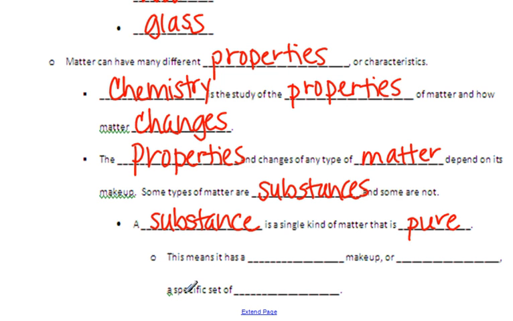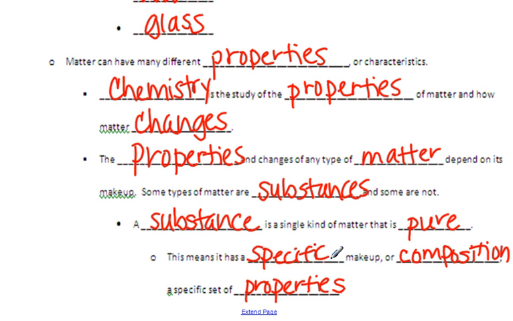This means that it has a specific makeup or composition that gives it a specific set of properties.